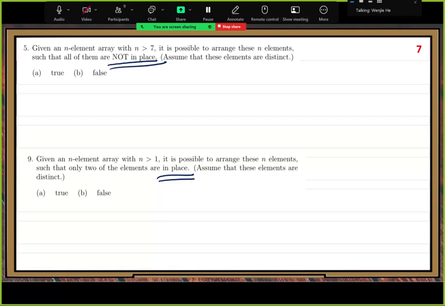So what's the meaning of in place? We talk about it in class. Here, the goal is a sorted array.